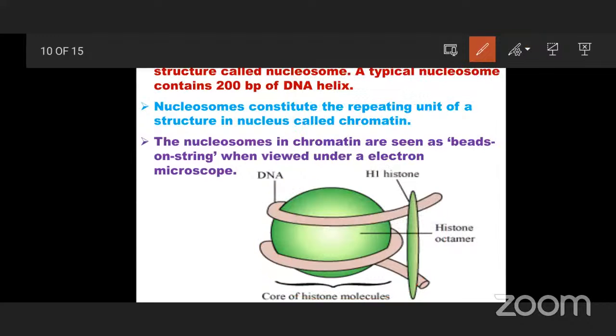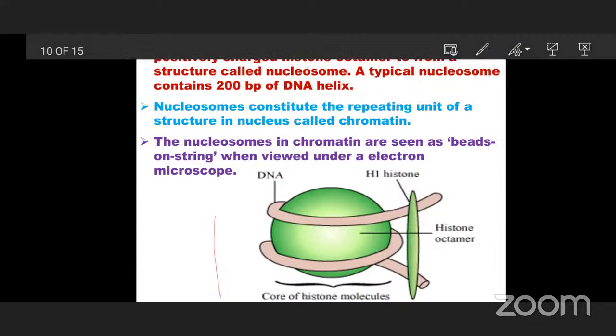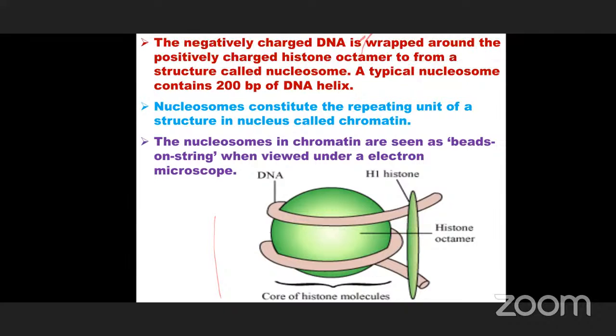Listen carefully. The negatively charged DNA is wrapped around the positively charged histone octamer to form a structure called a nucleosome. Nucleosome means negatively charged DNA wrapped around the histone octamer.